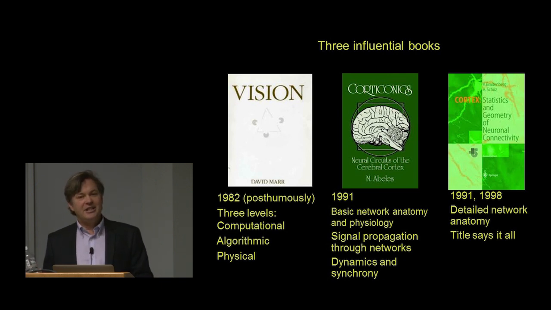And it's basically an anatomy book written by someone who became a great anatomist, and certainly with his colleague, a great anatomist, Almut Schüz. But he's primarily a theorist, and he wrote about the features of flesh and blood, of actual cortical neurons, and how the geometry affects connectivity and how connectivity affects computation.